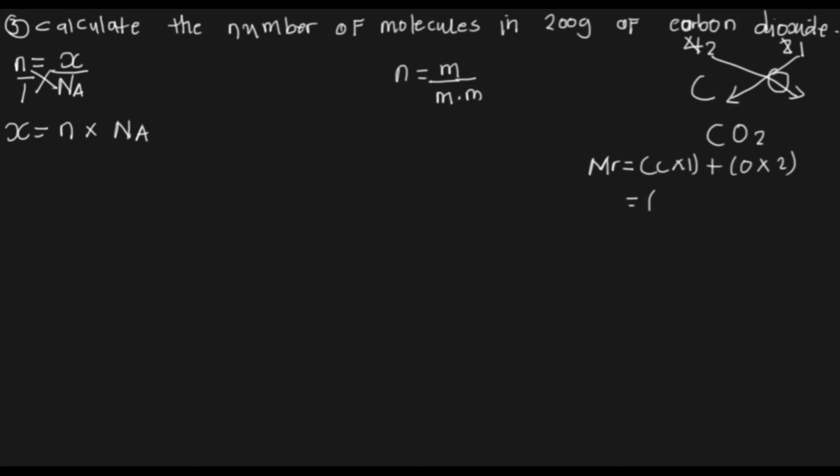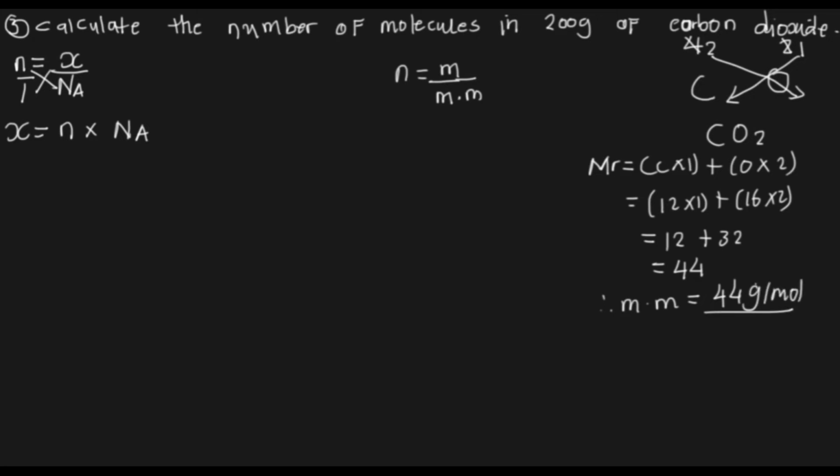The mass number for carbon is 12, times 1, plus 16 times 2. 12 times 1 is 12, plus 16 times 2 is 32. 32 plus 12 is 44. Therefore the molar mass is 44 grams per mole.